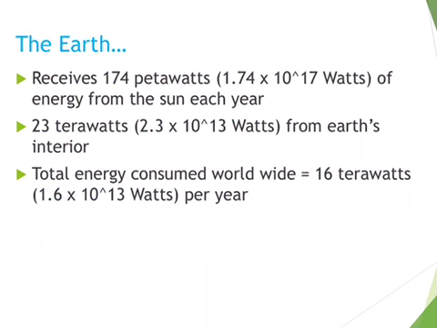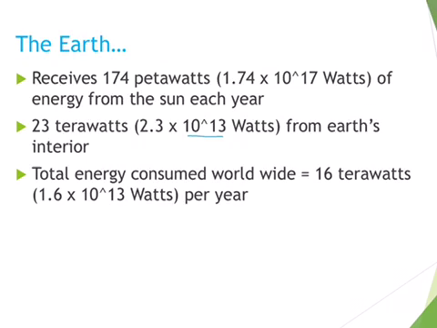So some facts about the Earth is that it receives 174 petawatts, or 1.74 times 10 to the 17th watts of energy from the sun each year. And from Earth's interior, we get another 2.3 times 10 to the 13th watts of energy.